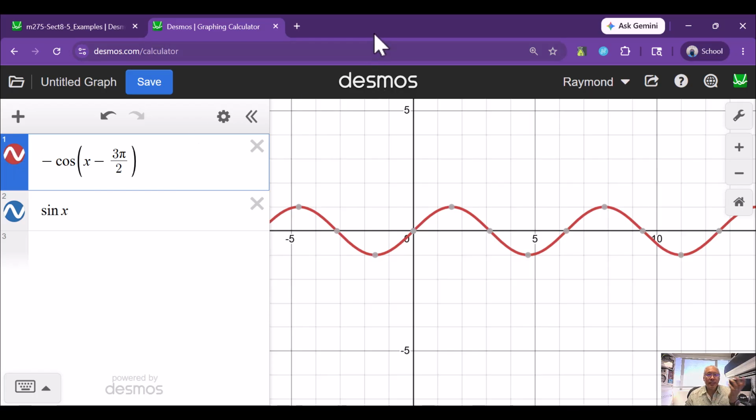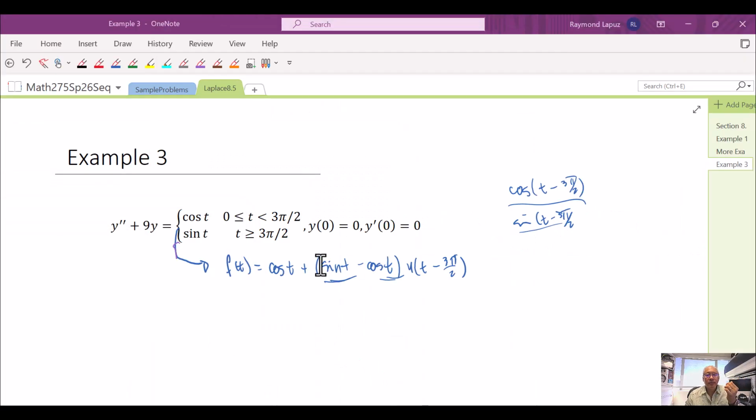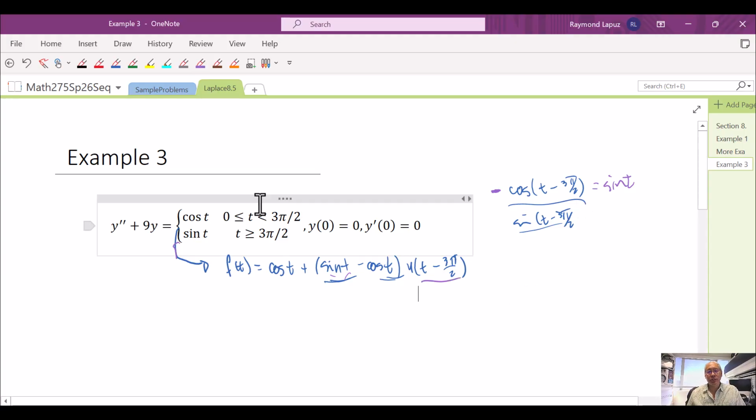So it looks like the sine of t, which is here, I can replace with a negative cosine. So I'll say negative of this, maybe I'll do this in a different color as we're exploring. The negative of this is equal to the sine of t, and I can make that replacement there, and then I would have a function that has a t minus 3 pi over 2. Remember, we want to match the 3 pi over 2 in the shift.